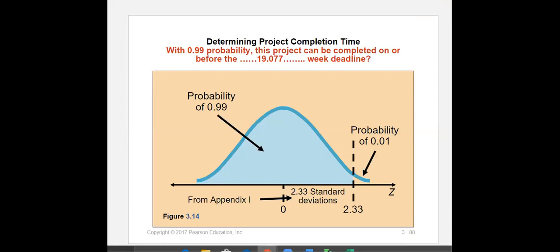So if probability is 0.85, then how many weeks is the due date?